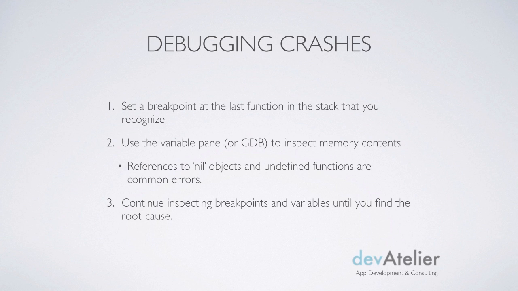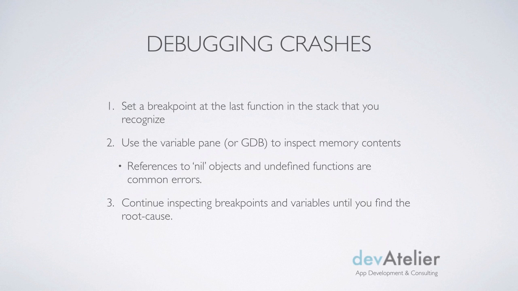At the very bottom, there is the variable pane, so you can see in there if anything's nil. Nil is like null: it doesn't exist, you never initialized it, you never set it. But you can also do a print object in the GDB command line, and it'll actually dump memory contents from there.